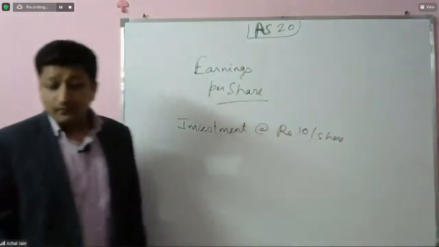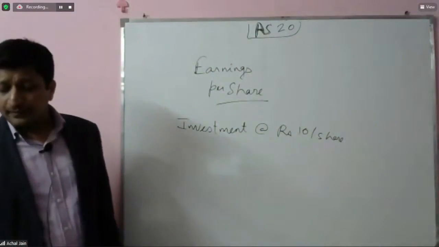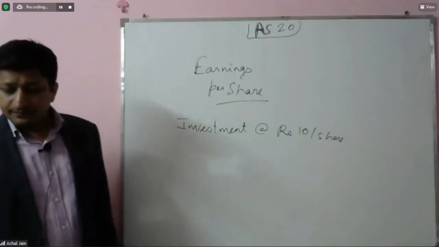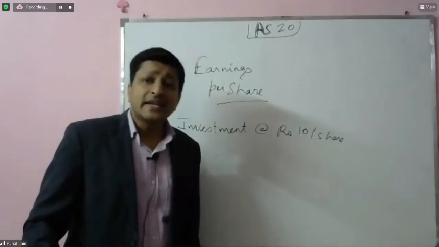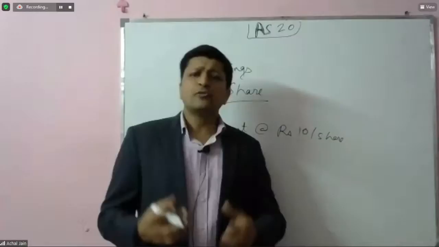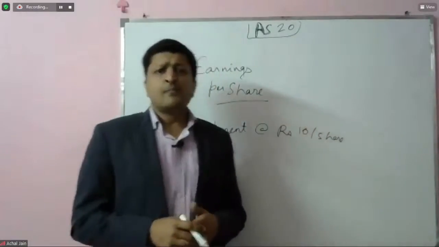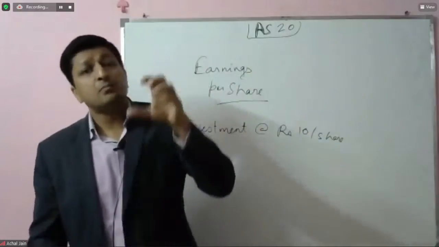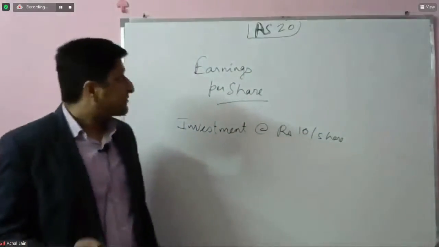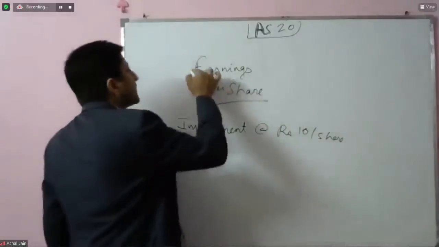But over the period, what will happen? Over the period, because of the earning, its valuation starts picking. But we are not looking at that valuation. We are looking at the book value only. So that's why we are looking at the earnings of the company.